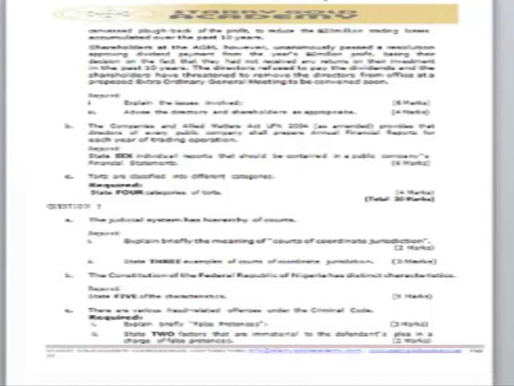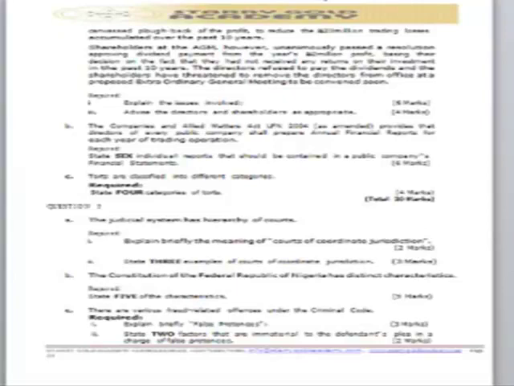Shareholders at the AGM, however, unanimously passed a resolution approving dividend payment from the year's 2 million profit, basing their decision on the fact that they had not received any return on their investments in the past 10 years. The directors refused to pay the dividends, and the shareholders have threatened to remove the directors from office at the proposed extraordinary general meeting to be reconvened soon.